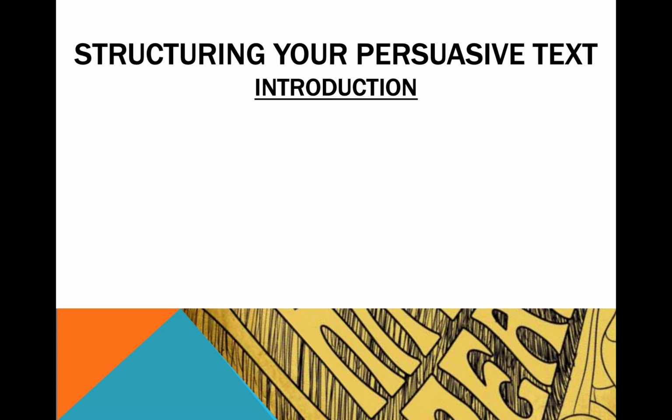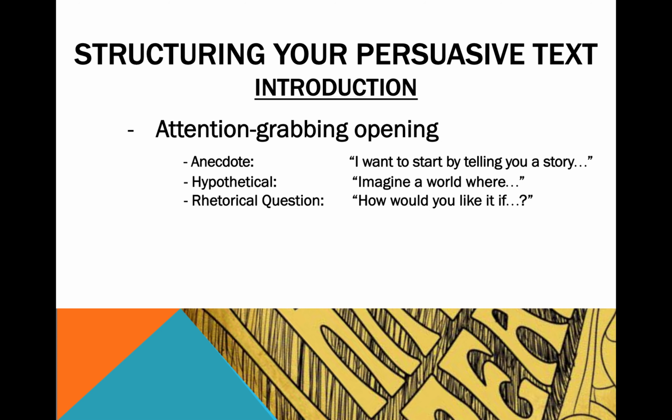Okay, now I'm really quickly going to go through an effective way of structuring a persuasive text. As you get more confident with your writing, feel free to play around with the formulas and structures that are most effective for you, but as a starting point, I think this is a really good basic yet effective structure. So open by grabbing your audience's attention.